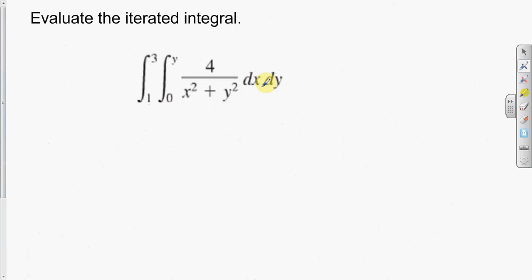Something is fishy about that one. Does anybody have their textbook? Well, I don't know what page it is. It's in the exercise.